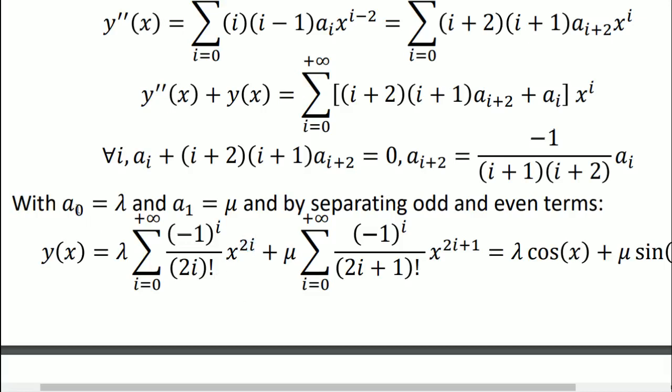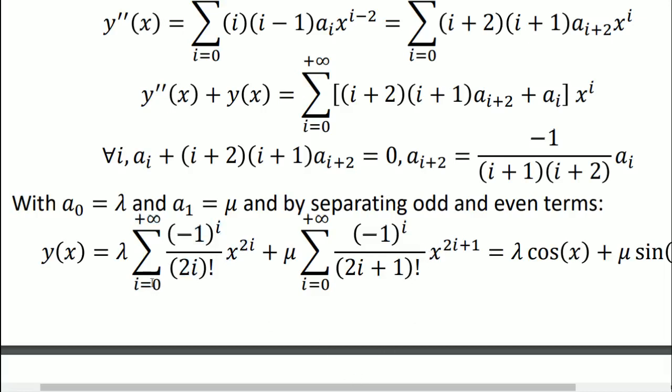And we took a0 to be equal to lambda and mu to be equal to a1, and we do the same thing here. So this result is gotten by doing the recursion on an odd and even sequence, and by splitting the part when it's odd and when it's even.